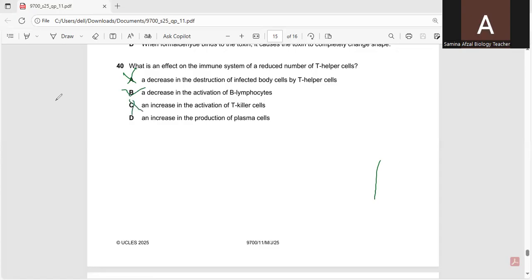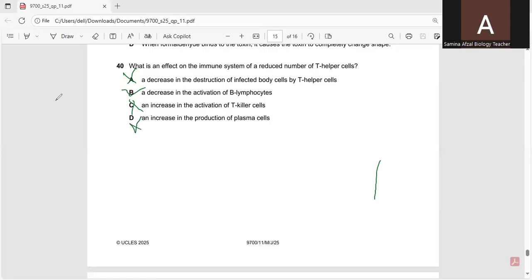Then, an increase in the production of plasma cells. Plasma cells are the antibody producing factories, so their production is a direct result of the activation of B lymphocytes. Since a reduced number of T helper cells will lead to a decrease in B lymphocyte activation, it could also lead to a decrease, not an increase, in the production of plasma cells.